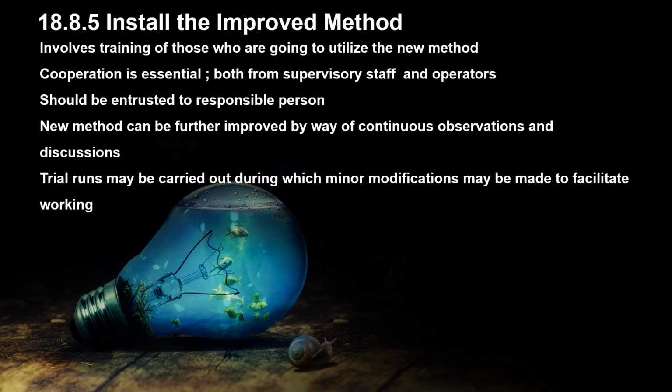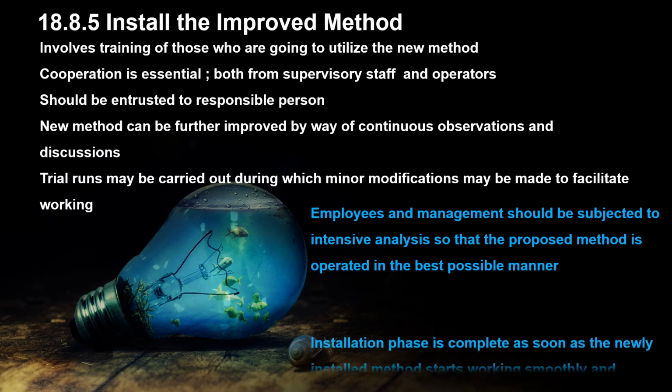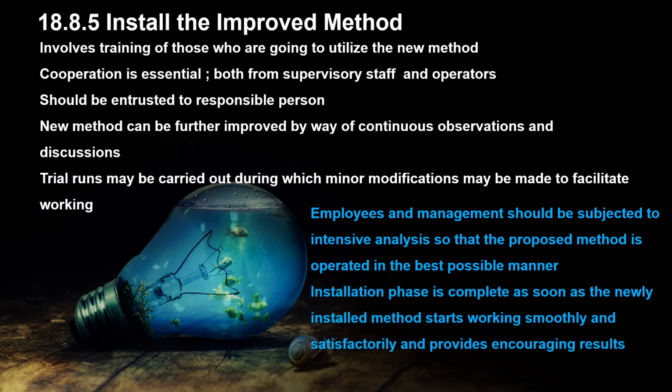Trial runs may be carried out during which minor modifications may be made to facilitate working. Employees and management should be subjected to intensive analysis so that the proposed method is operated in the best possible manner. The installation phase is complete as soon as the newly installed method starts working smoothly and satisfactorily and provides encouraging results.